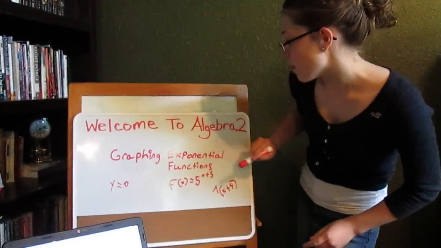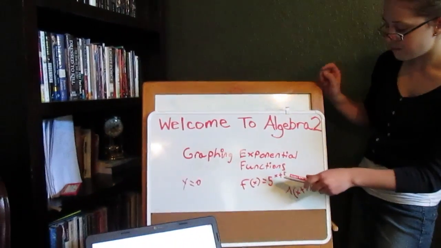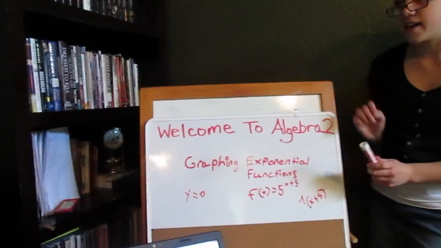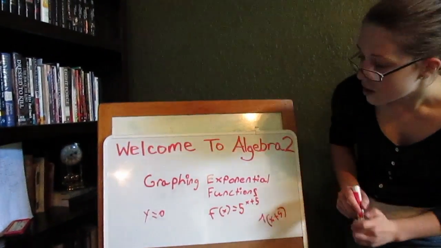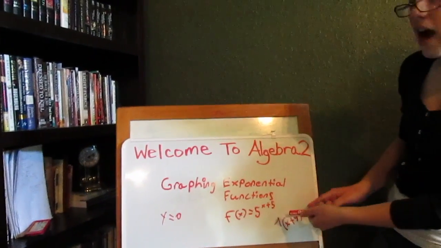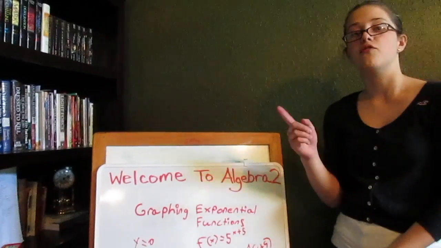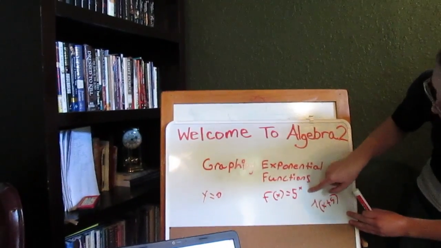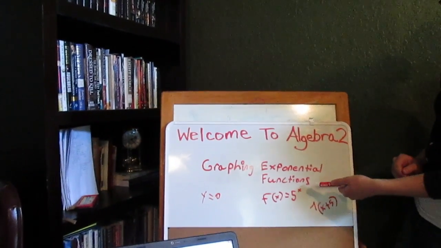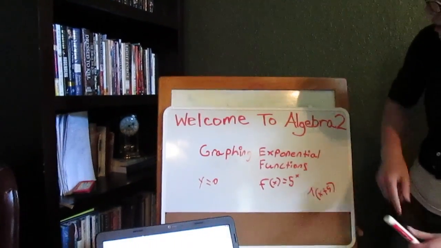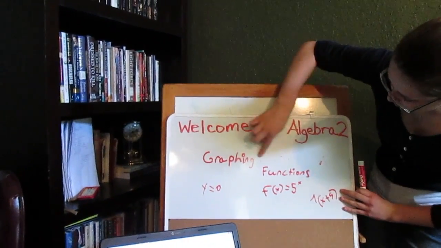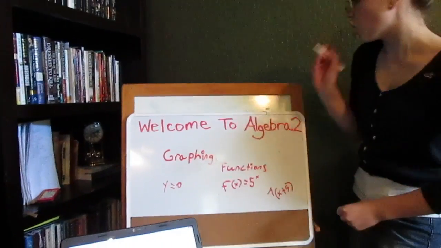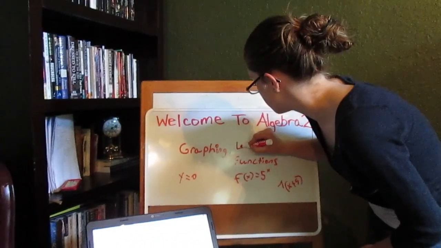One more thing about this exponential function, as you see that 5 is added to x on the exponent, this means that the graph of this function moves 5 to the left of the graph f of x equals 5 to the power x.